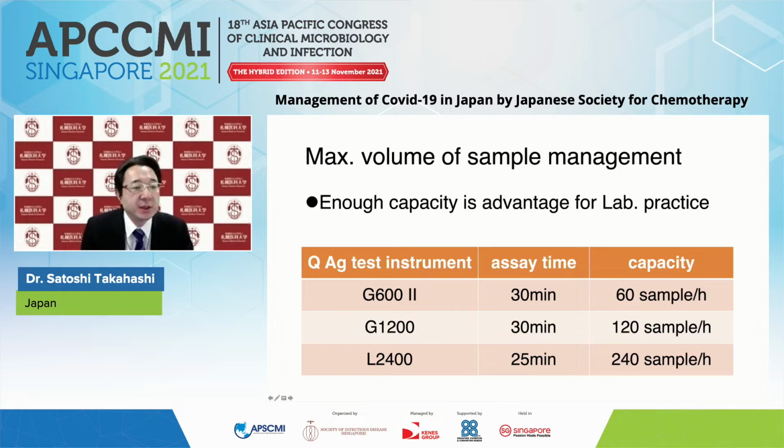The G600: assay time is 30 minutes, and the capacity is 60 samples per hour. The G1200: assay time is 30 minutes, and its capacity is 120 samples an hour.